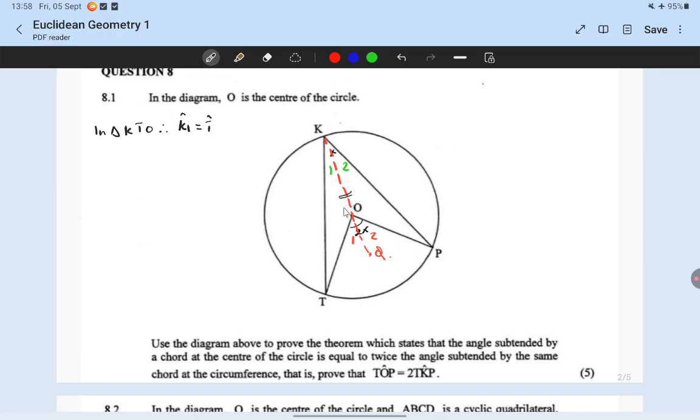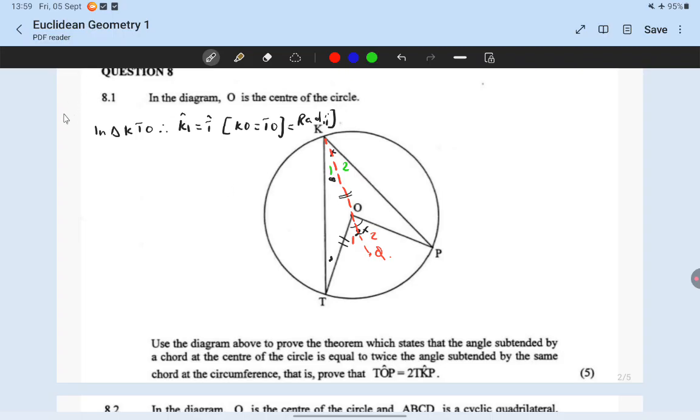This line is equal to this line. Can you guess why? Yes, because these are radii. So we can say KO is equal to TO, equal radii, which will make this angle equivalent to this angle, right?